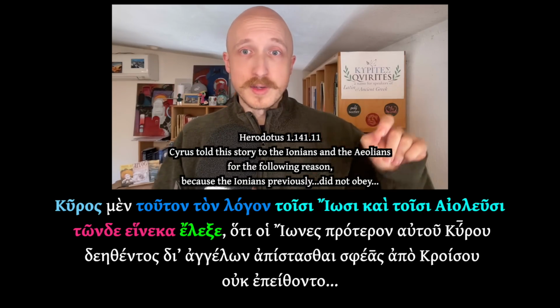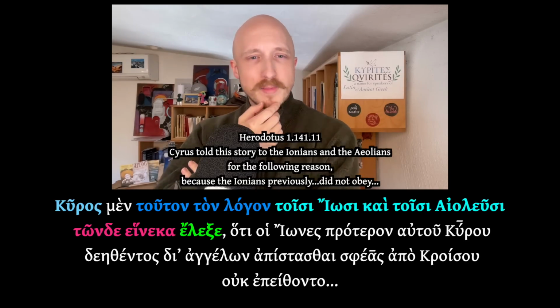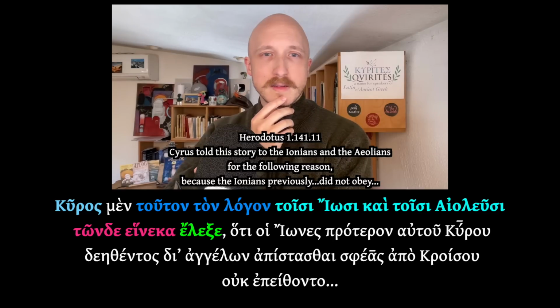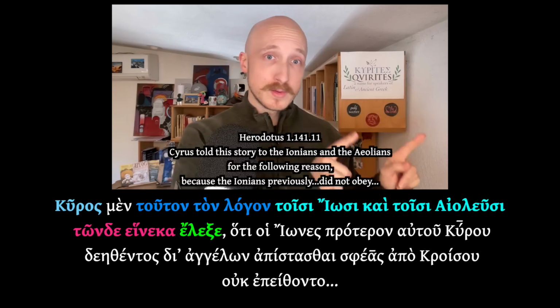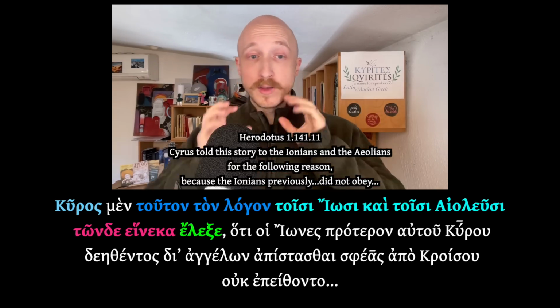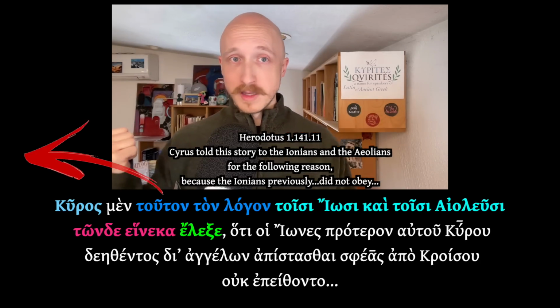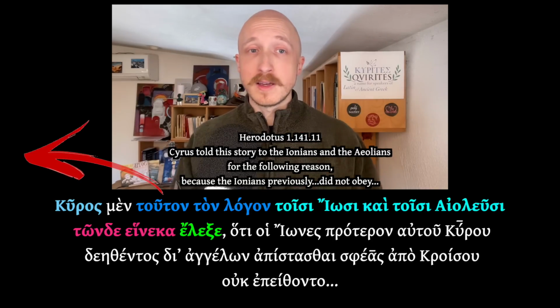Toisi iosi kai toisi aiuleusi. That's almost unimportant, relatively speaking, right? Because we know that he was telling the story to the Ionians and the Aeolians. That's why it comes after the tu ton logon. Also, we can consider that tu ton logon, using that word tu ton, is a preceding thing in the narrative. So that should rightly come closer to the beginning of the phrase.